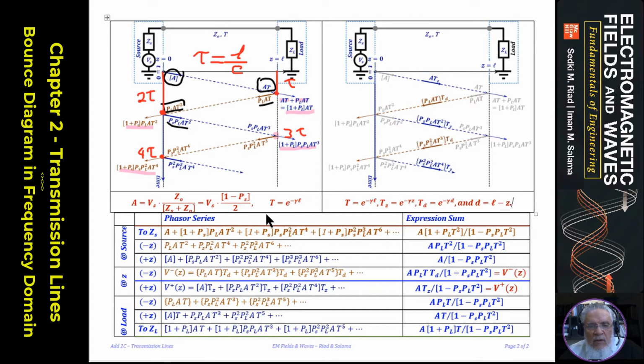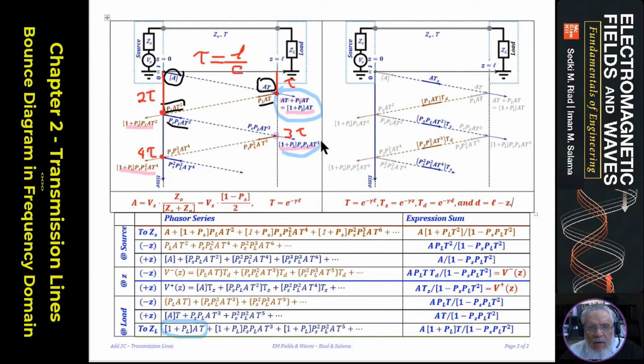We're going to summarize that in the table down here. Let's look at the load end first. At the load end, the first arrival is right here. Let's highlight that with a different color. Right there. At the load end, the first arrival is right there.